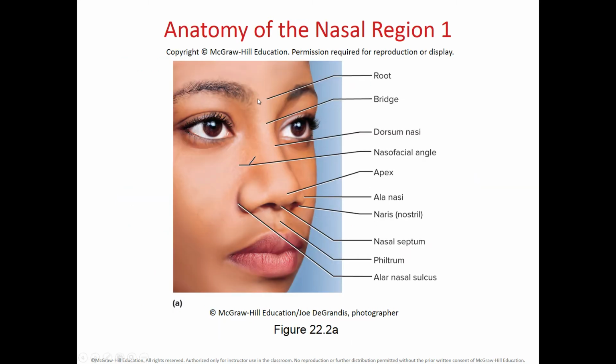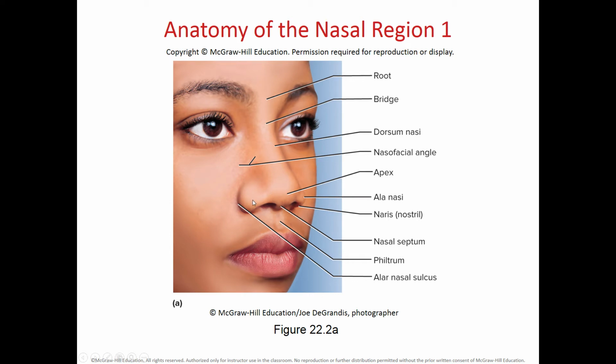So this is the external structure of the nose. Here we have the root made out of these nasal bones together with the bridge of the nose. And then we have this anterior middle portion that is called the dorsum nasi. Internally to this, we have the hyaline cartilage. And then here we have the opening nares or nostrils.